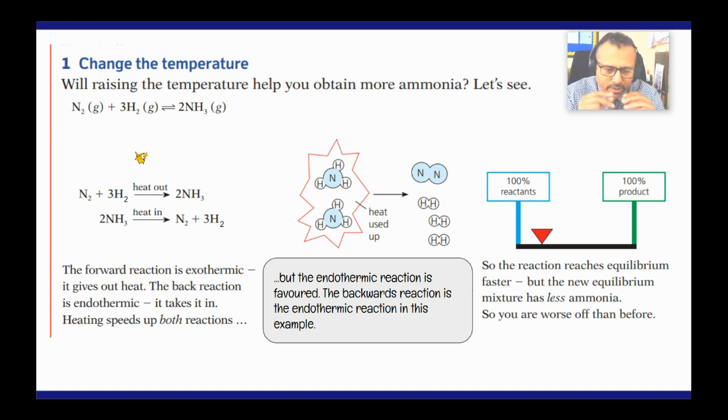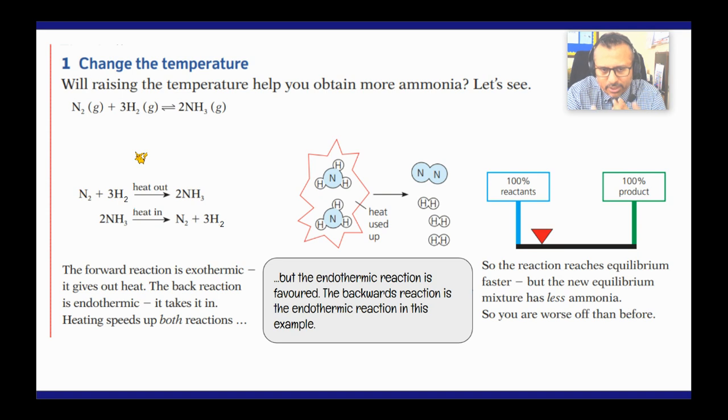Although you do need a little bit of energy supplied to start breaking the bond, so a rise in temperature would help. The problem is that the forward reaction is exothermic, not endothermic. It's the reverse reaction that becomes endothermic.